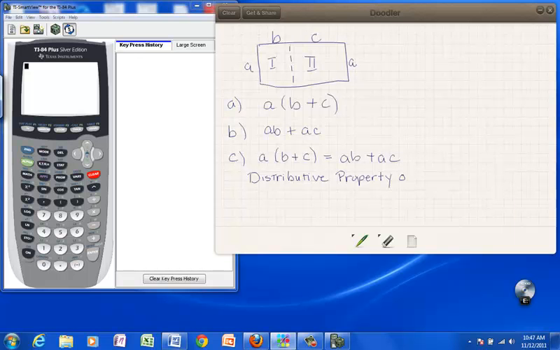It's the distributive property of multiplication over addition. And as we move away from our rectangle figures, we can not only do addition, we could do subtraction as well.